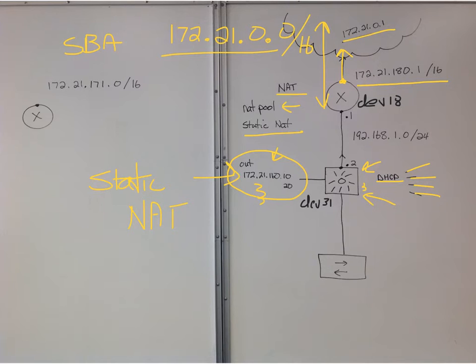Okay. Can we have EtherChannel here? And we seem to be doing well there. You have the different VLANs.